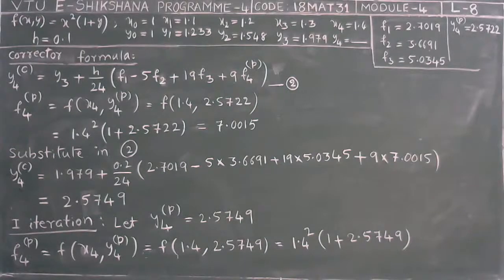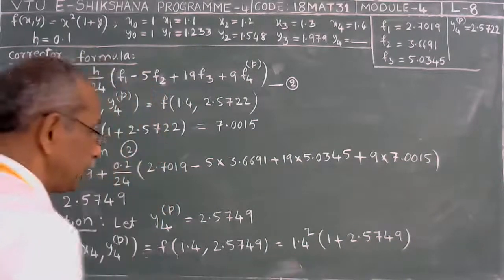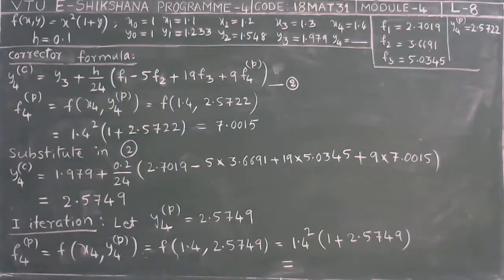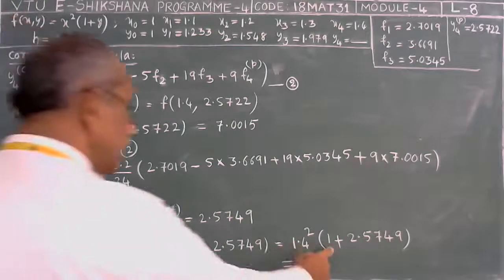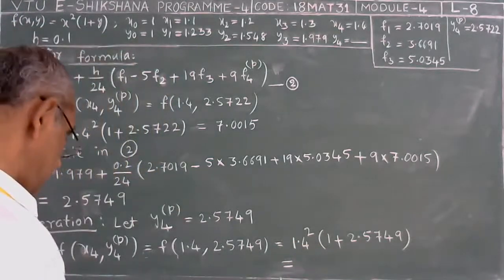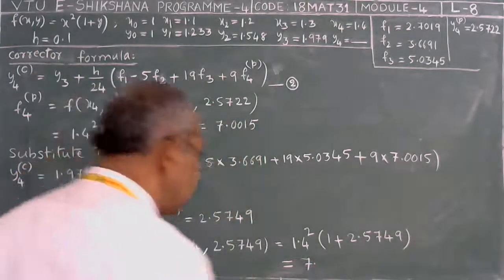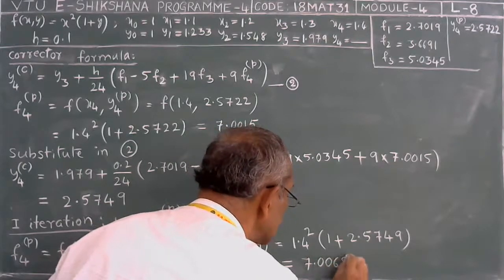If you compute this using a calculator, you get f4p, 1.4 squared into 1 plus 2.5749, will give you 7.006006.